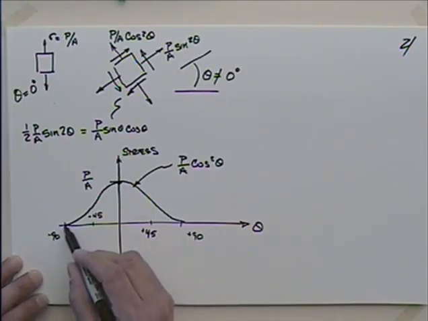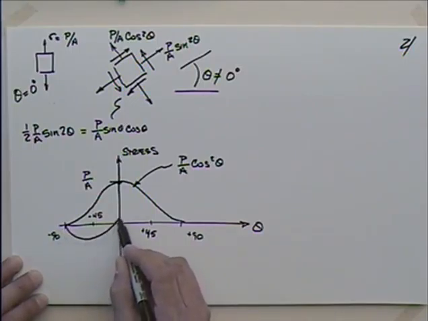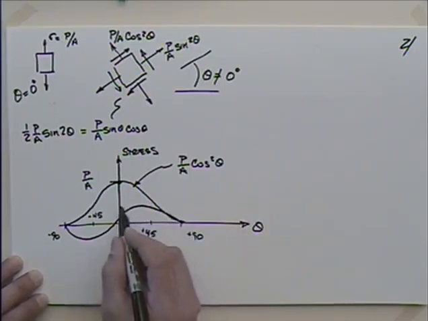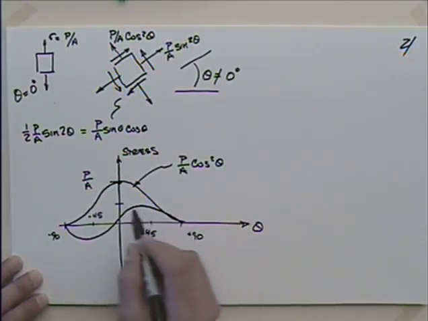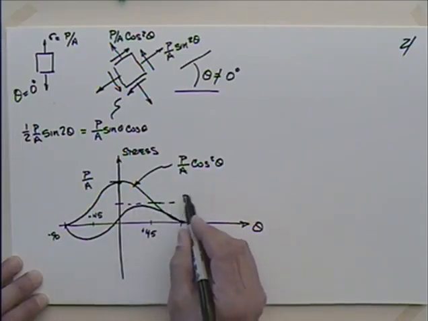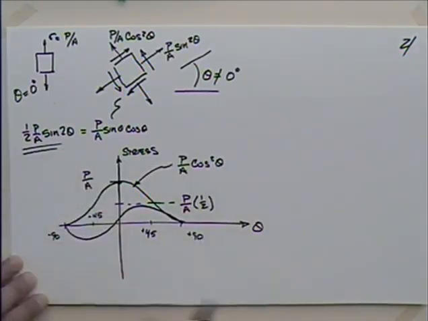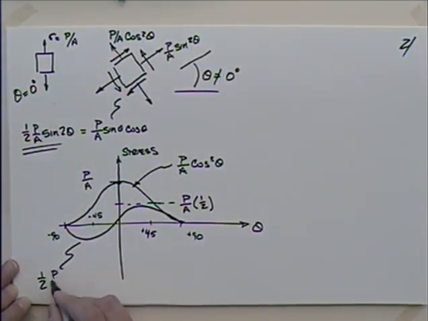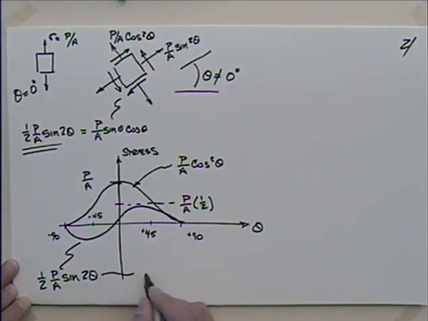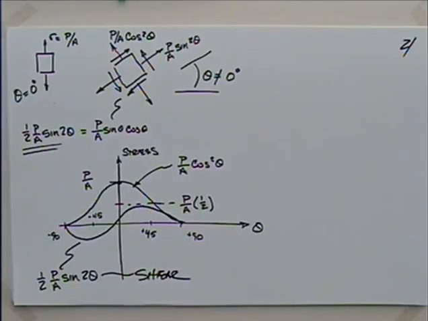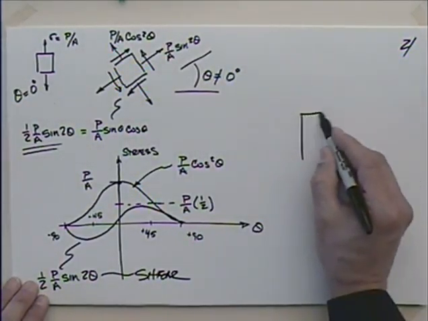I'll have something that looks like that, where it comes up to a maximum value that's going to be what? 1/2 P over A. Okay, from that expression right there. And this is, of course, then that 1/2 P over A times sine 2 theta, which is the shear stress, isn't it?